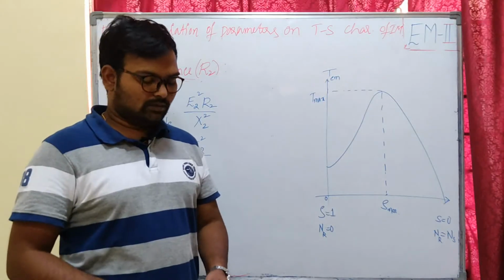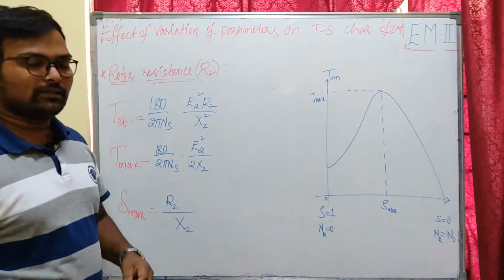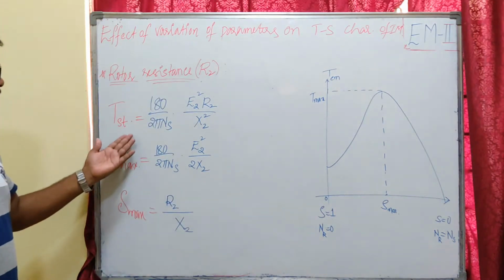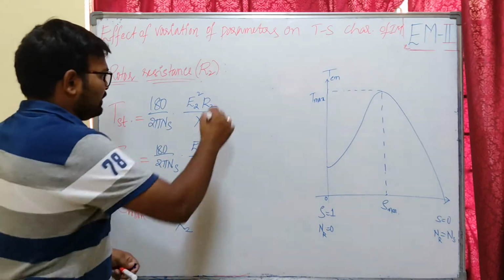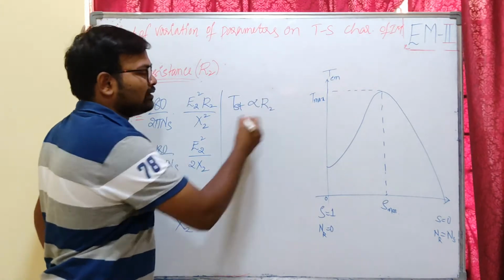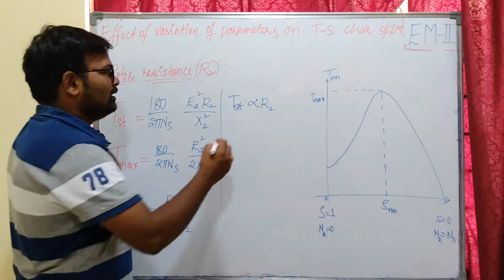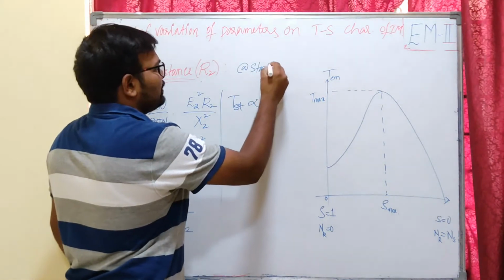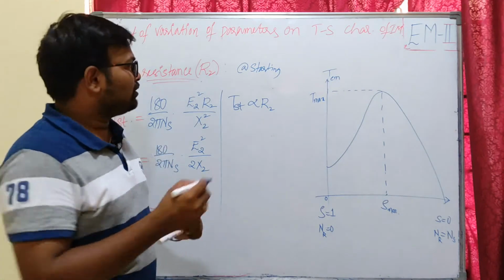Hello students. So let us see the variation of rotor resistance on our torque slip characteristics. So you can see the relation between torque and resistance is like this. Our starting torque is directly proportional to our rotor resistance. Actually, at starting condition, we are going to add external resistance in slip ring induction motor.